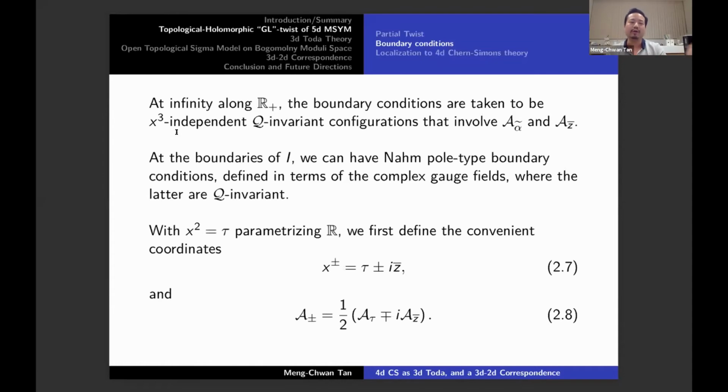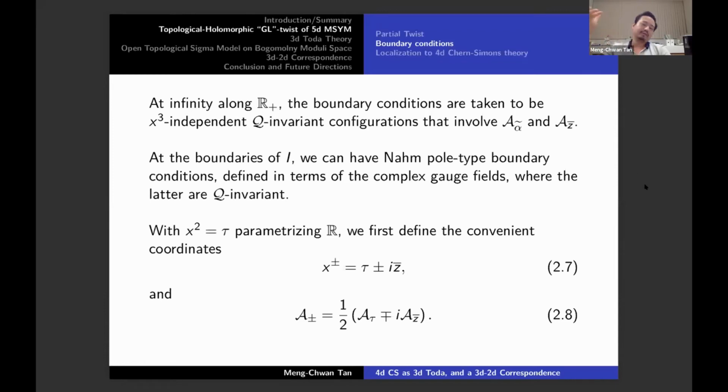So we would need to recast our 5-dimensional theory in terms of a 1D sigma model into the space of fields, and then use the same technology that gave us a Lefschetz thimble, an integration cycle of the path integral of the Chern-Simons. From that point of view, we needed the worldline of the 1D sigma model to be along R plus, and there was a requirement that the boundary condition of the sigma model at infinity be X3 independent. Okay, so this is the origin of the X3 independence. Yeah, okay, so this is what we have here.